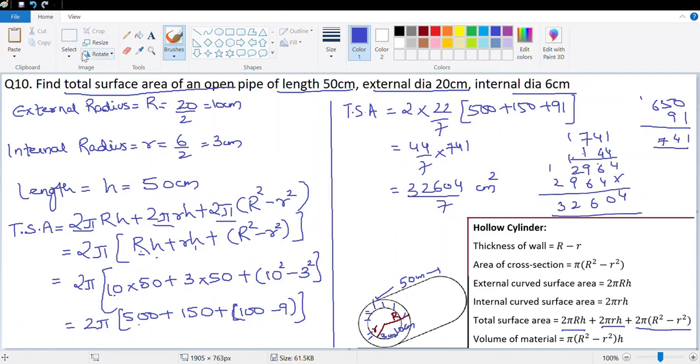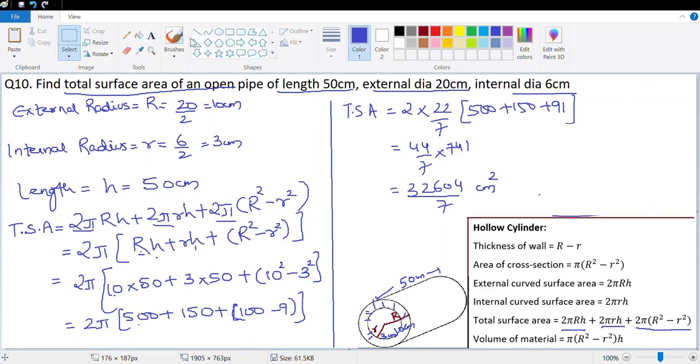Let me erase the calculation here so that I have some space to calculate. Okay, so this is 32604 divided by 7. 7 into 4, 28. That's 46. 7 into 6 will be 42. That's 40. That's 7 into 5, 35.